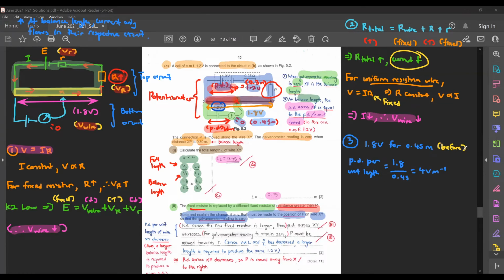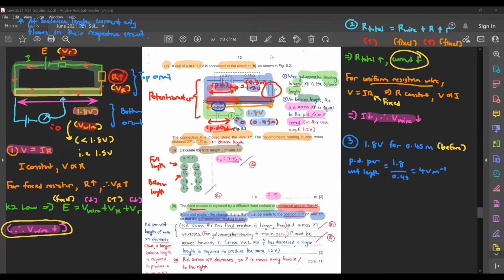Now, what happens when you change the fixed resistance? What happens when you increase it? Before this, we already established that the moment you increase your fixed resistance, the PD across your uniform resistance wire would drop. So if before this it was at 1.8 volts, it will now drop to a value less than 1.8 volts. Say, for example, maybe it is now at 1.5 volts for our discussion here.